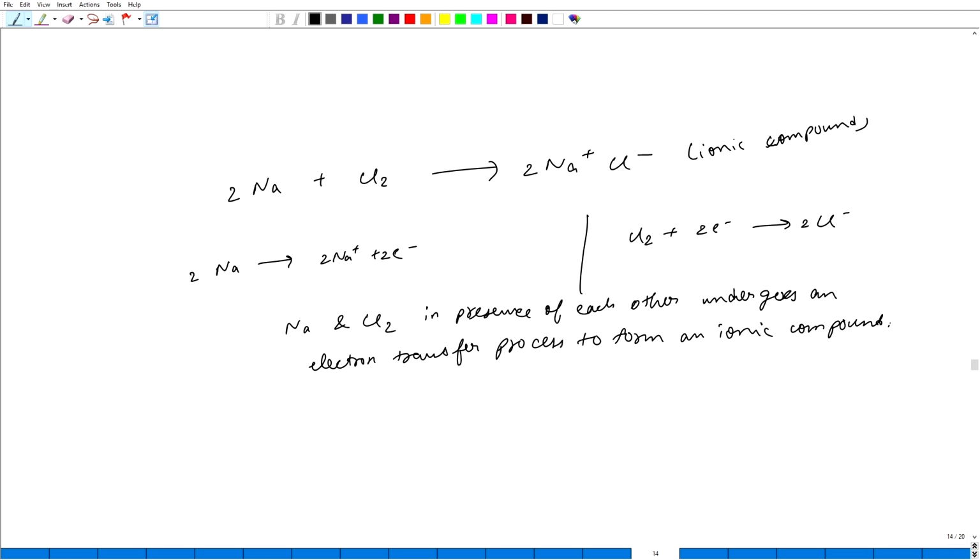What I mean to say here is that for whatever element is getting oxidized, what is responsible for that element being oxidized? The element that has been reduced.